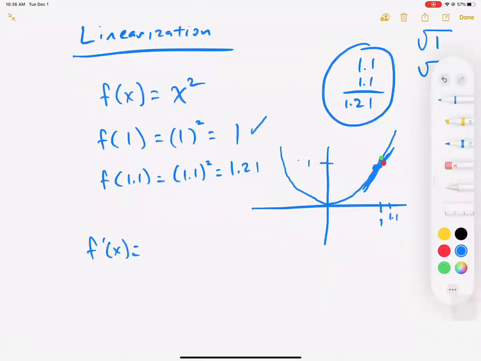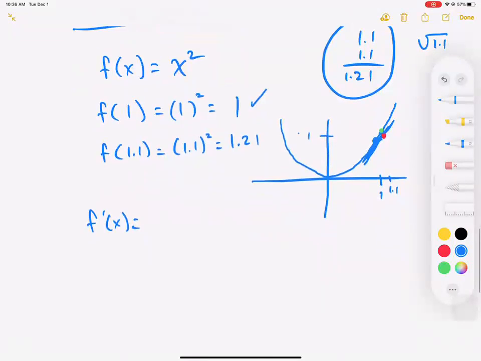And our point is that these derivatives are not super hard. So we're going to say that the derivative here is just 2x. Easy peasy. Okay. And what we're going to do here is we're going to find out what the actual value is. And then we're just going to add a little bit of difference here.